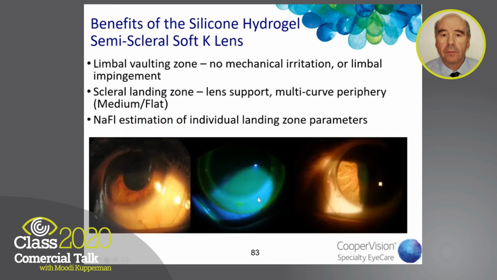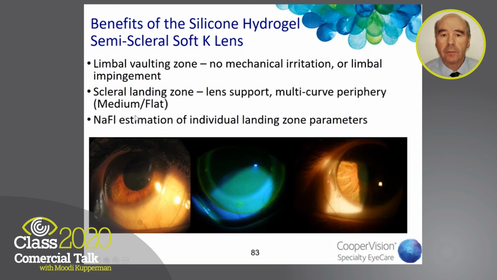We can see here some pictures that we have done with this lens. The benefits of the silicone hydrogel semi-scleral soft lens: a limbal vaulting zone, no mechanical irritation here in this area. A scleral landing zone, the lens support multi-curve periphery.